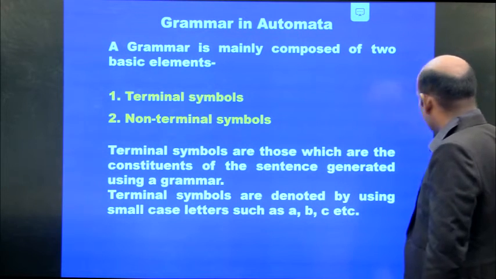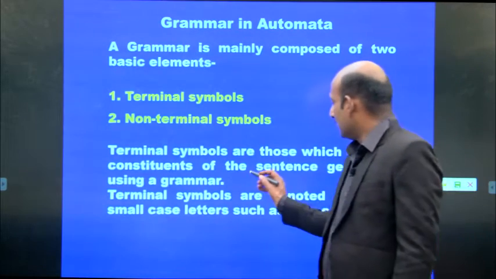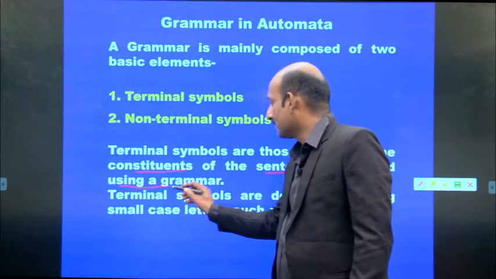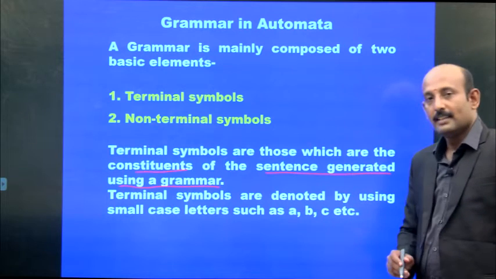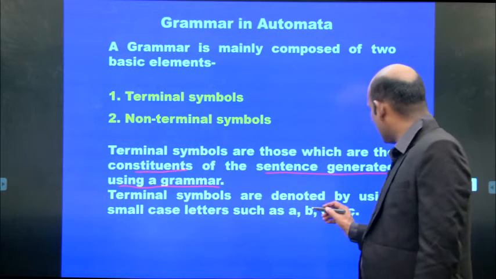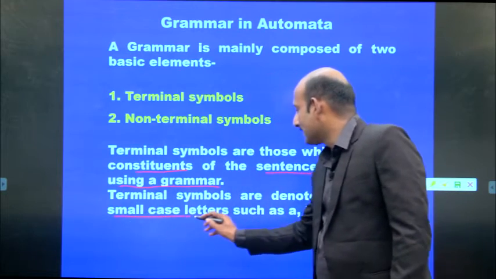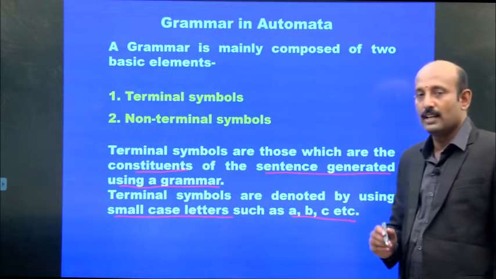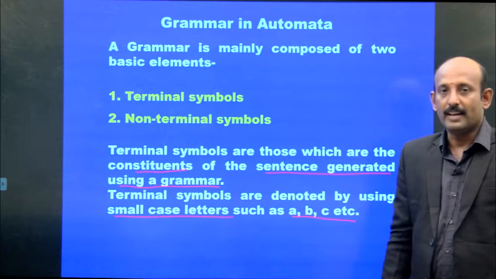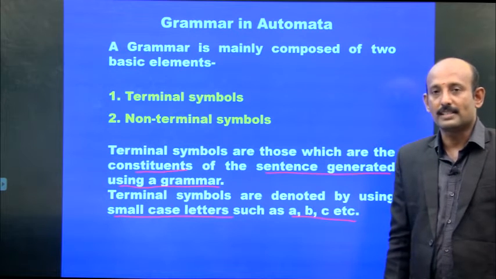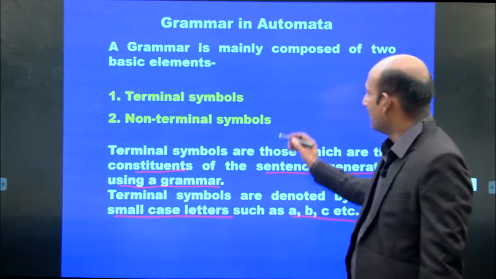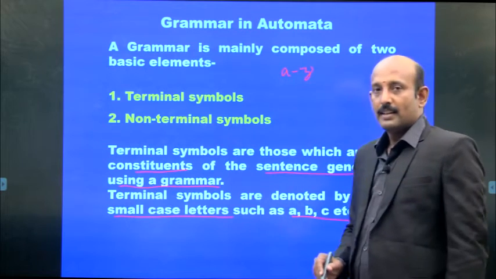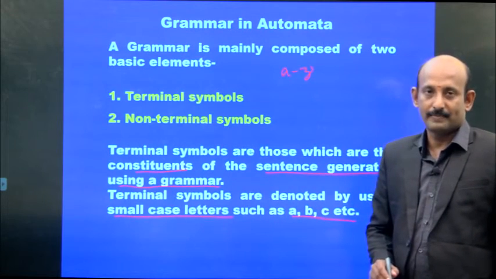These terminals are symbols that constitute the sentences generated using the grammar, and the terminal symbols are denoted by lowercase letters such as a, b, c, etc. For example, we can take a to z as terminal symbols.